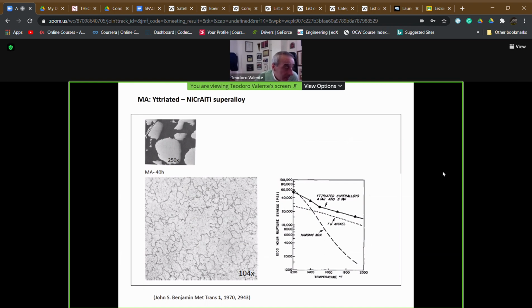And this means that the dislocation movement is made more difficult, and we can expect an improvement in the resistance of the material itself to power-law dislocation-based creep.